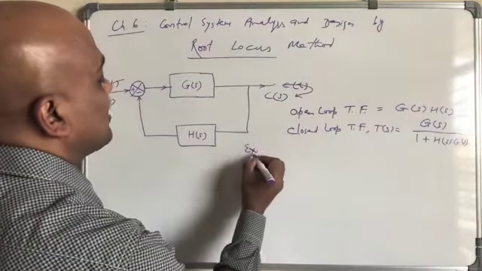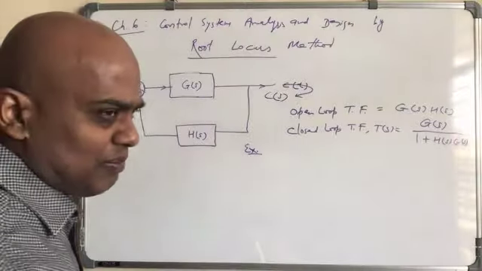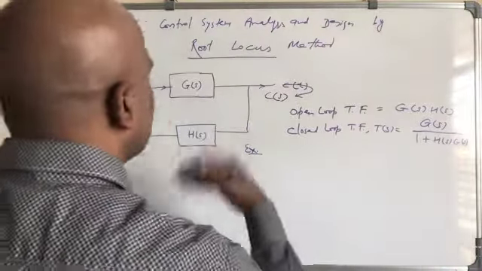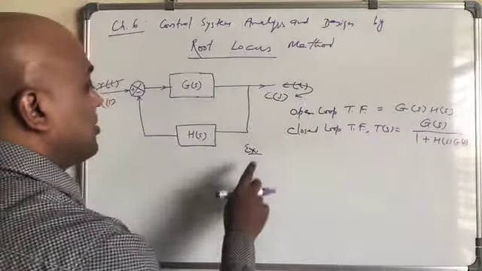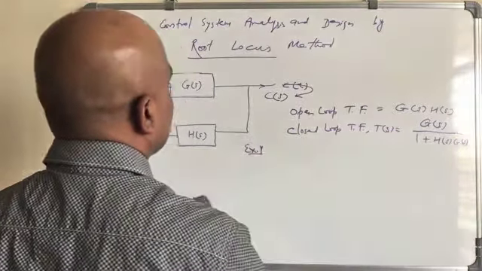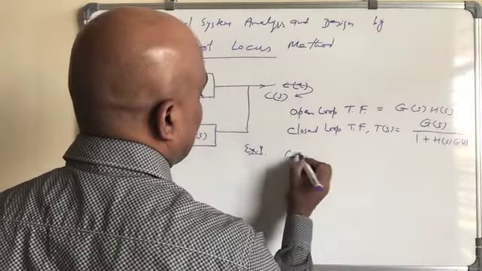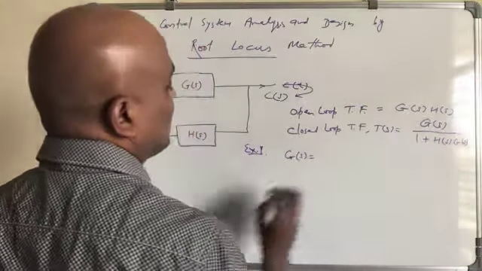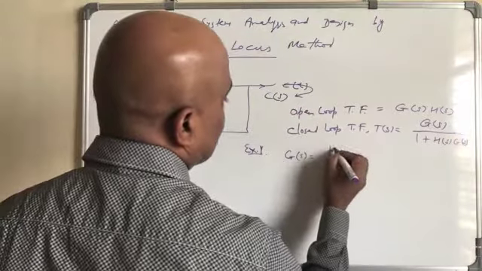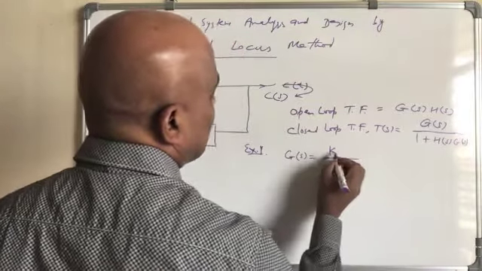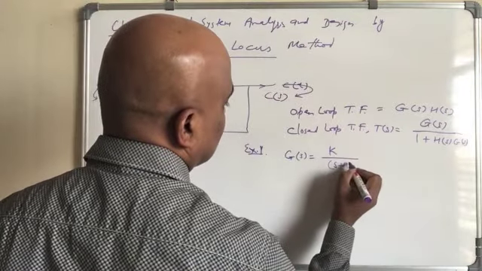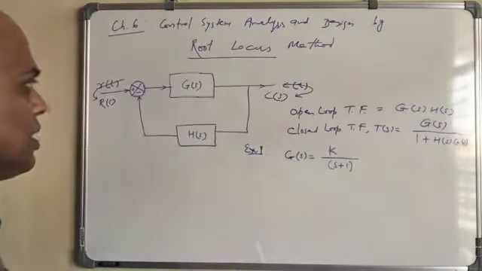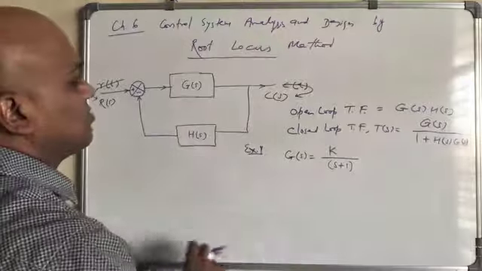The best way is to take examples from simple to difficult one and see what we gain out of it. So take example number 1, where we are taking G(s) equal to, the simplest one, let's call it K, our given parameter. Here we have s plus 1. G(s) is a first order system.